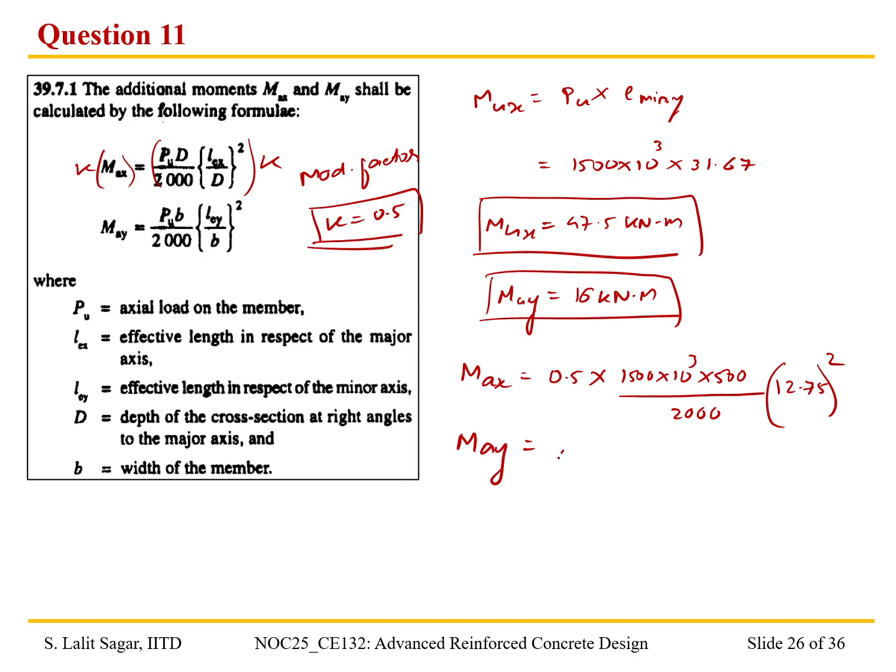And here we have 0.5 into 1500 into 10 to the power 3 into 400 divided by 2000 multiplied by 15.94 square. Okay, what does this value turn out to be?